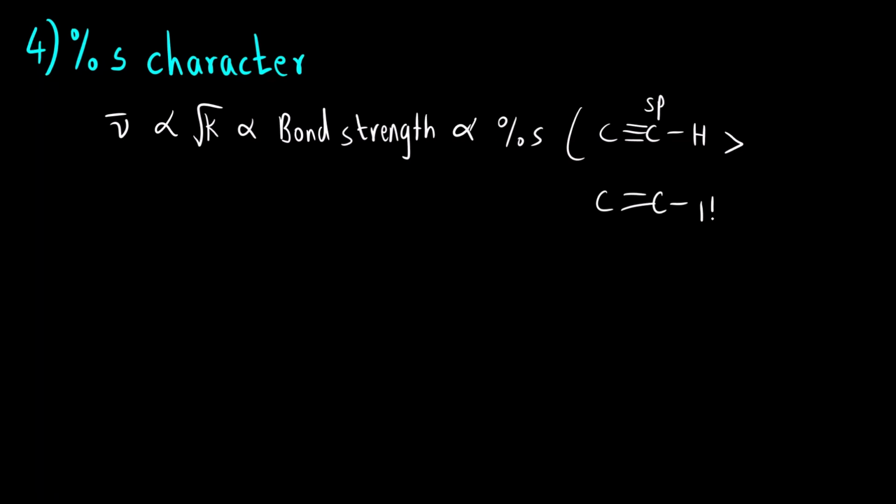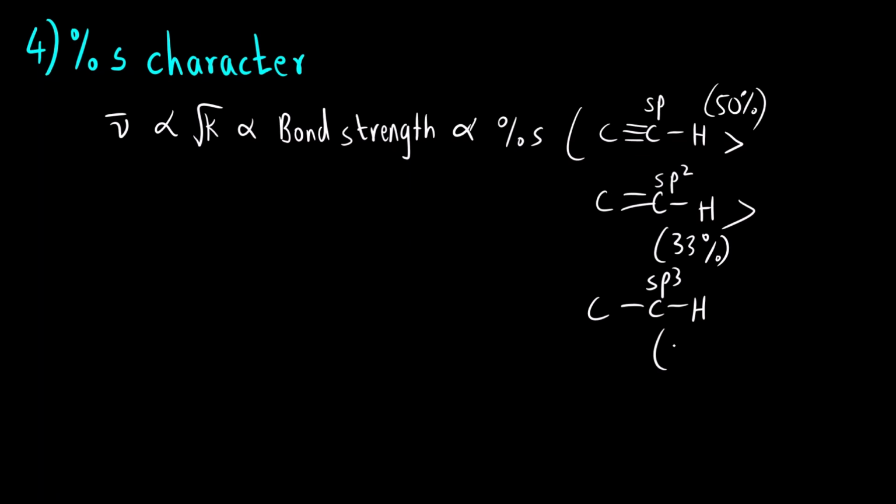In case of SP2 it was slightly lower, 33%, and it will be minimum in case of SP3 hybridized carbon, that is 25%. Accordingly, we have to see the stretching frequency of these CH bonds.